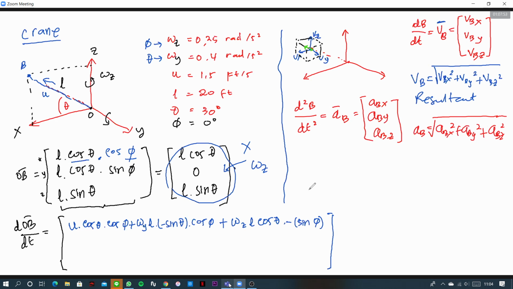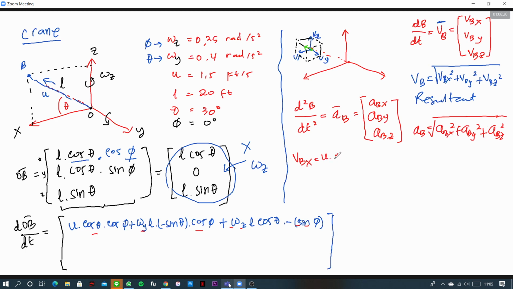Now, for example, if the question is find the velocity of b in the x direction, this is just an example. So what is v_b in x direction? So you take only the first component here. And then how can you get this? We know that phi is equal to 0 from here. I will write it down here again.